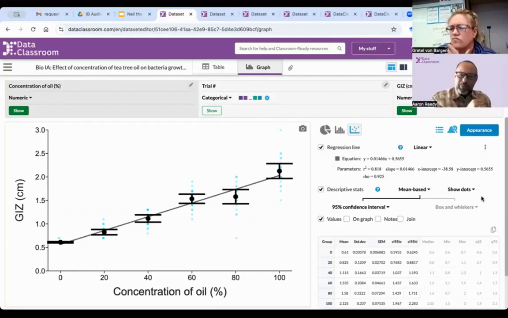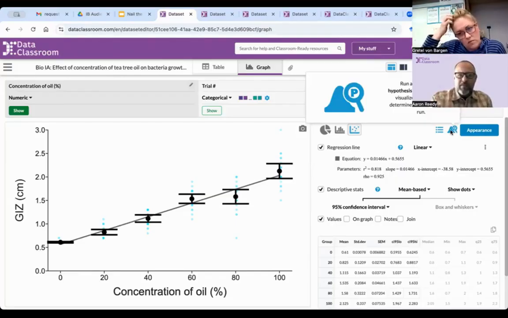So before, when we were looking at the bars and we were treating concentration of oil as categories, that was saying, does the mean of GIZ differ across my categories? Now this is treating both X and Y as numbers, and it's saying, is there a numeric relationship between concentration of oil and GIZ? Or in other words, is the slope significantly different from 0? And so it's testing if the slope is significantly different from 0.